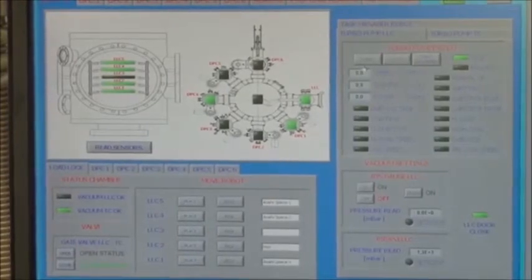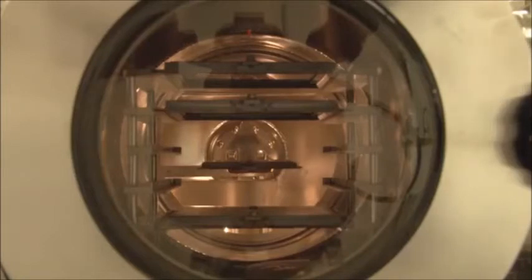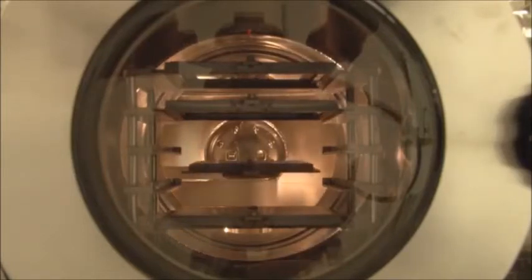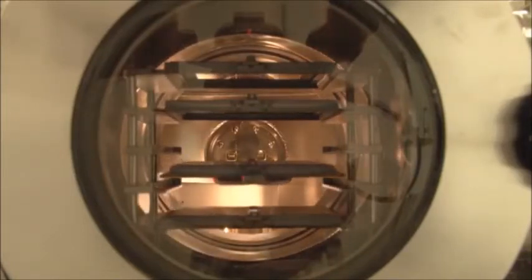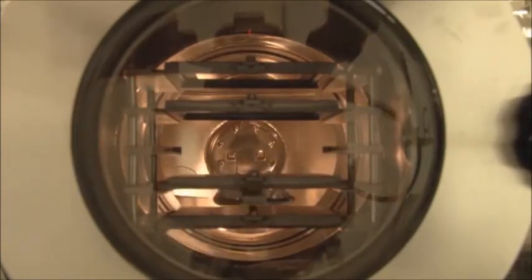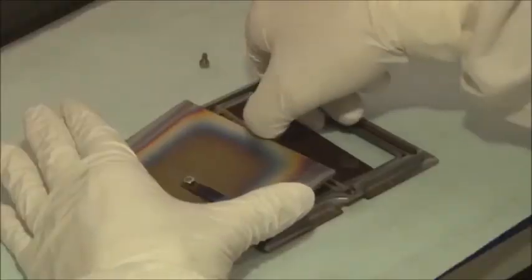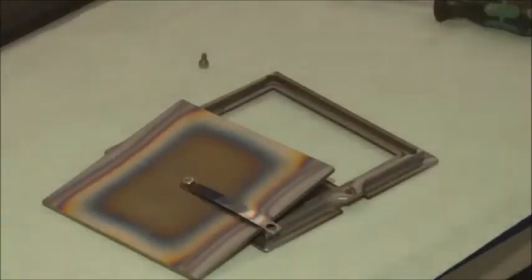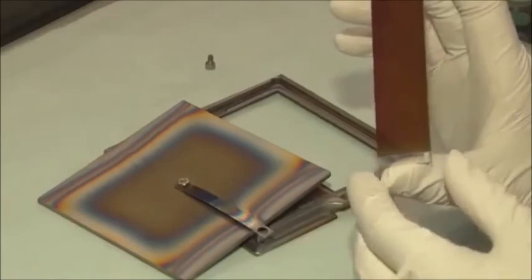Increasing the hydrogen content makes the films nanocrystalline instead of amorphous. The samples are moved from chamber to chamber through the load lock. After the various silicon deposition steps, the sample with a thin film silicon PIN junction on top looks like this.